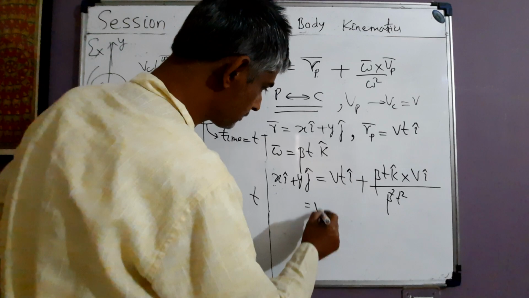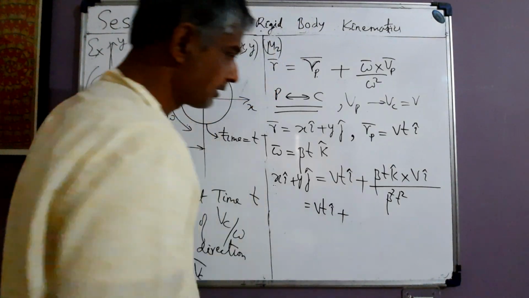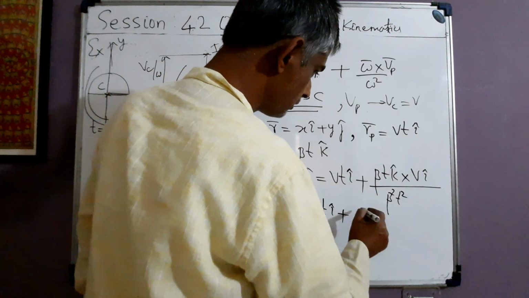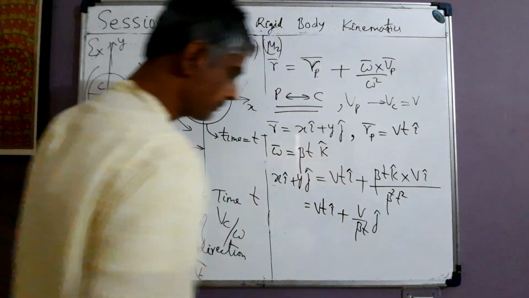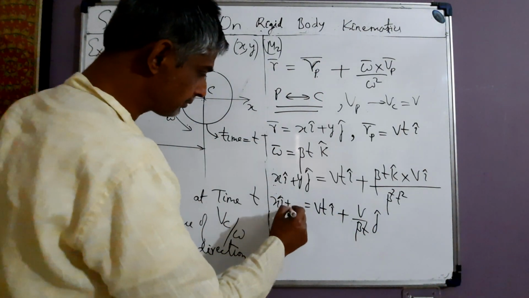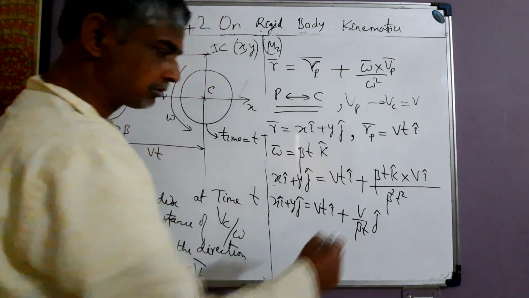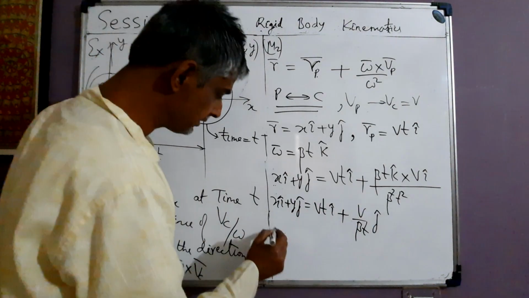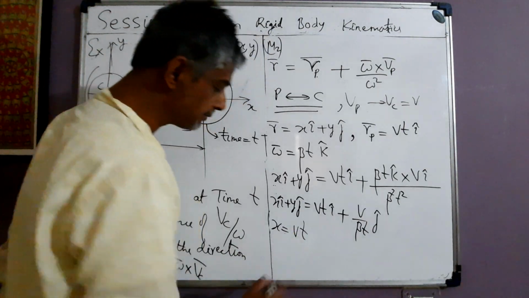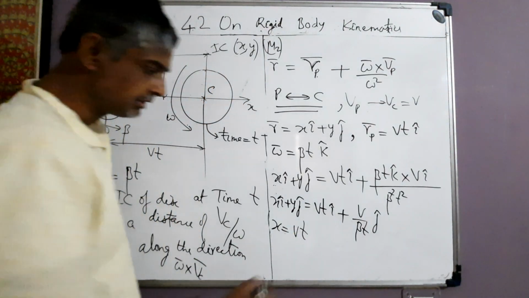So this becomes Vt i hat. Now one beta t cancels out, so V by beta t, k hat cross i hat becomes j hat. So x i hat plus y j hat is equal to this. Now comparing the respective coefficients of i hat and j hat on both sides, the x coordinate of IC at time t is simply x equal to Vt.